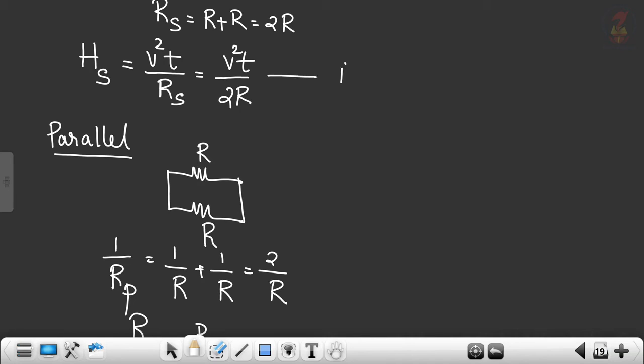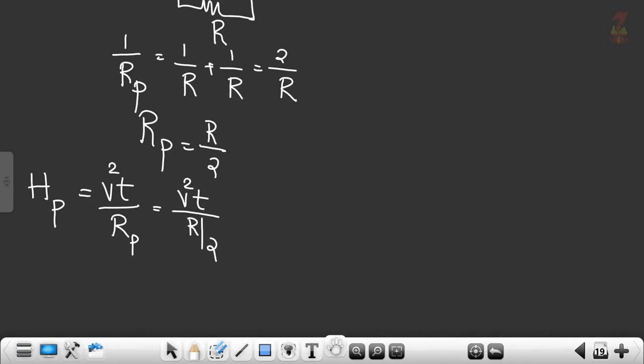Name this as equation 1 and this as equation 2.